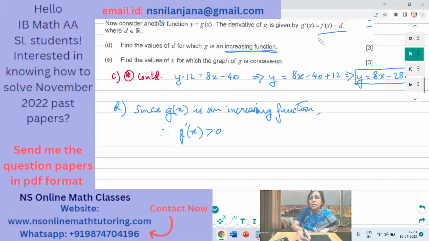And what is g dash x? It is f of x minus d, which implies f of x minus d is greater than 0.